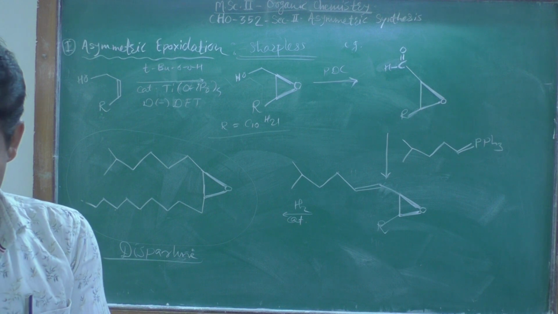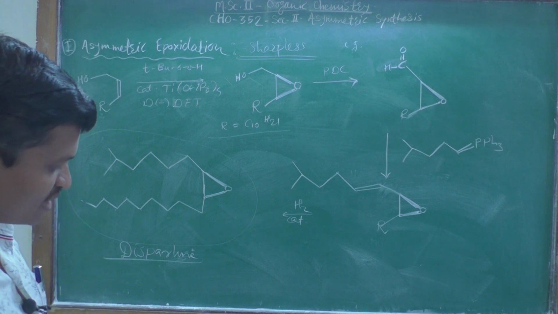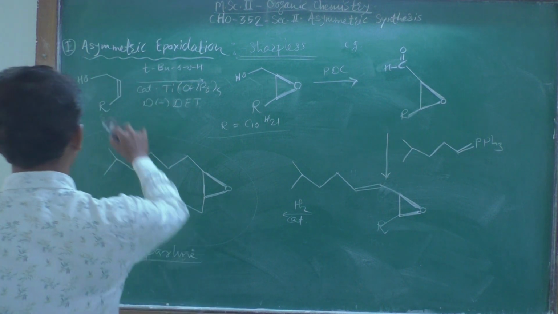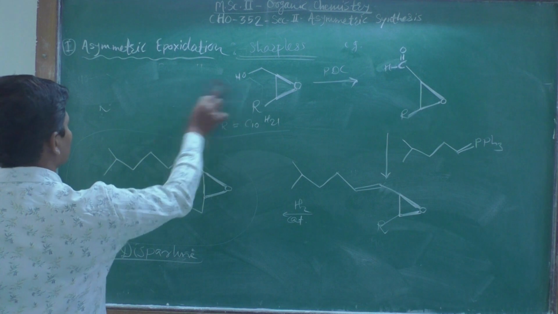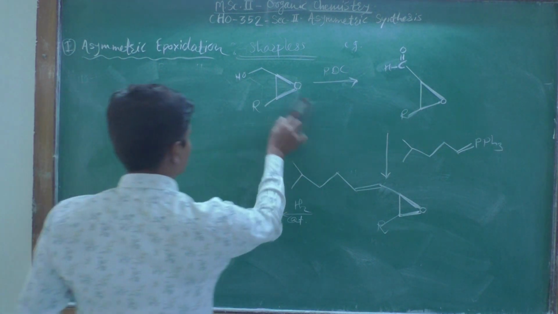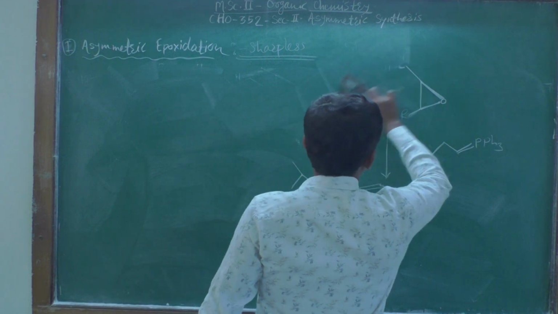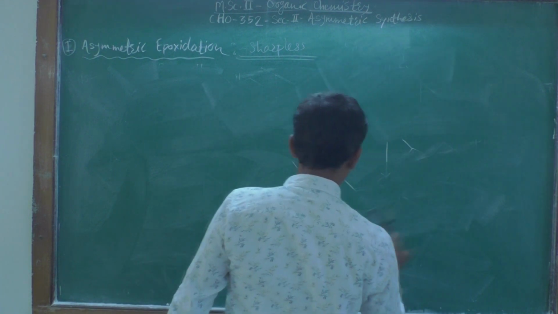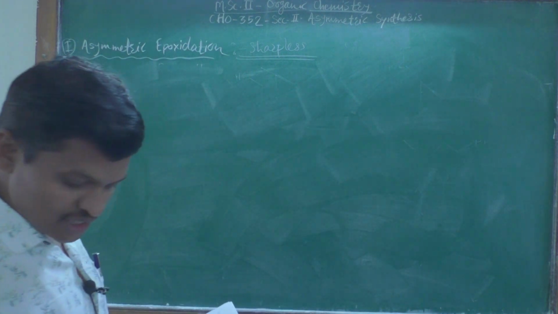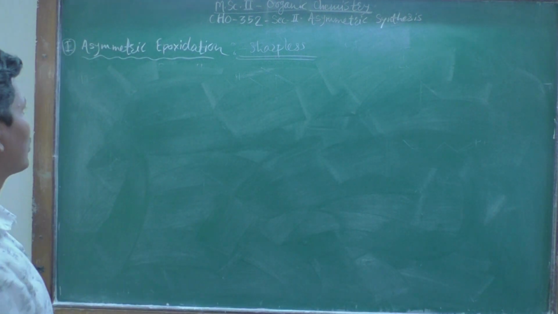Then the next example is preparation of propranolol by using the Sharpless asymmetric strategy. Sharpless asymmetric epoxidation can be used for the preparation of propranolol. And this propranolol is a chiral beta blocker.